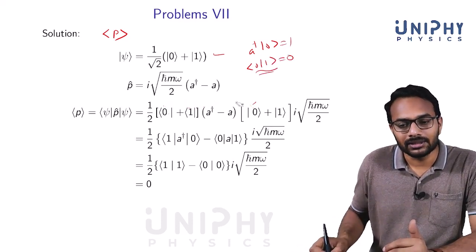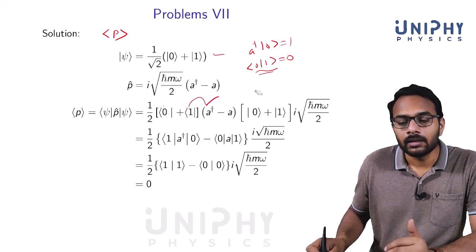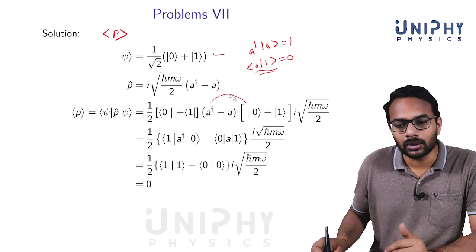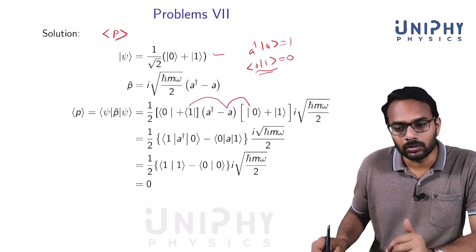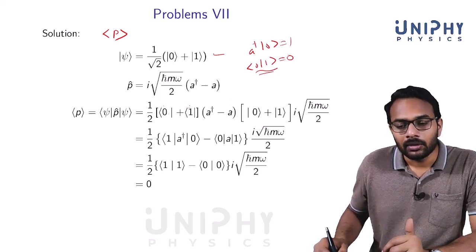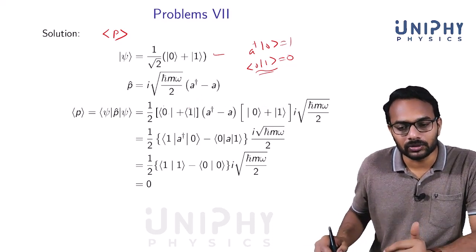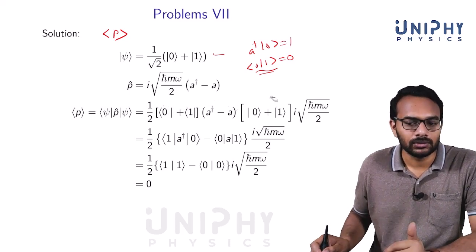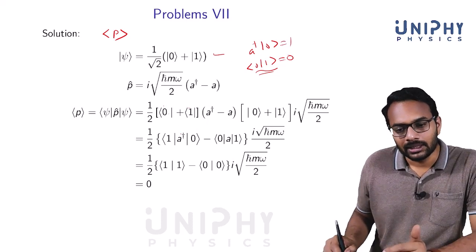Similarly, 1 a dagger 0 is non-zero, because a dagger acting on 0 will take it to 1. But 1 a 0 is 0. Similarly 1 a 1 is also 0. There is one more possibility: 0 a 1, which is non-zero. So we need to take only those terms which are non-zero.